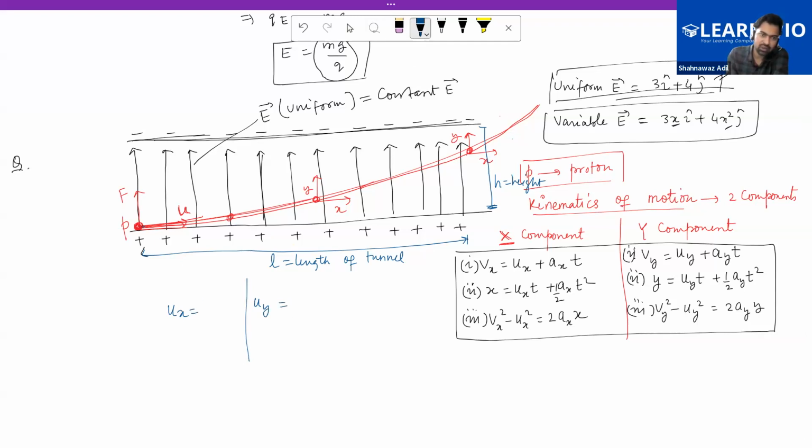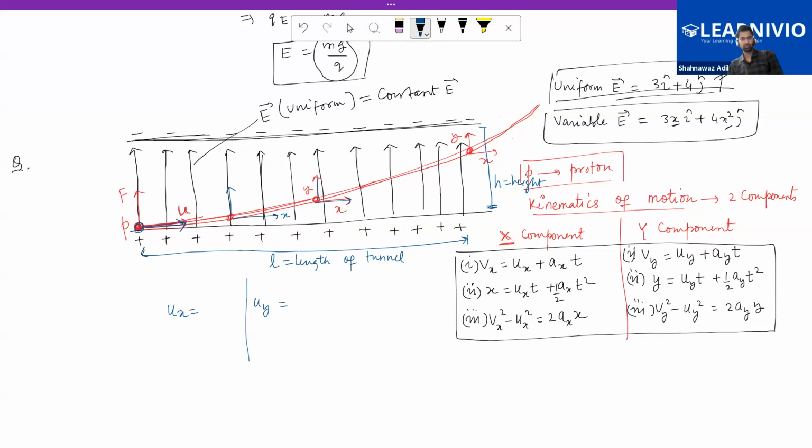Remember, this is the x component and this is the y component. Initially, this is here, and we are providing this velocity. So what component is 0 and what component is non-zero?